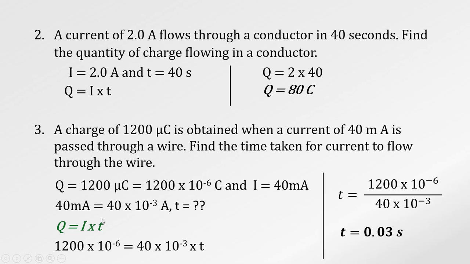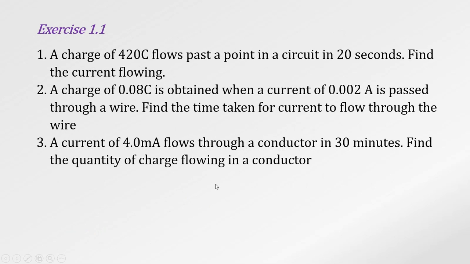So I brought this example here to try to make you also get used to smaller units of current, micro and milli. You have to know that they have to be changed to amperes and coulombs by multiplying by those factors. Okay, having understood the definition of current and its formula, we are now subjected to this simple exercise of 3 numbers to work out.